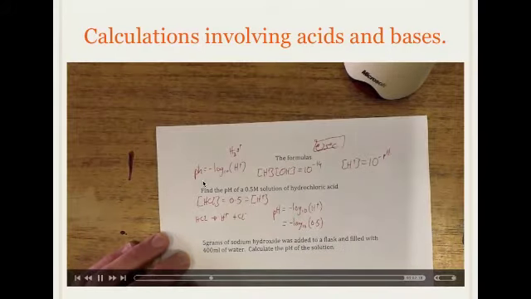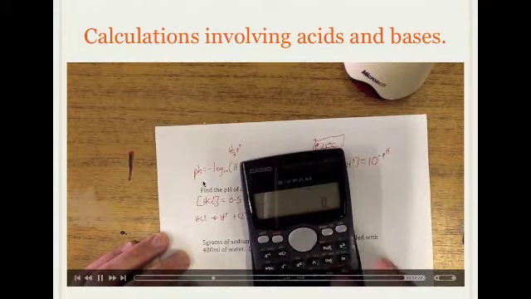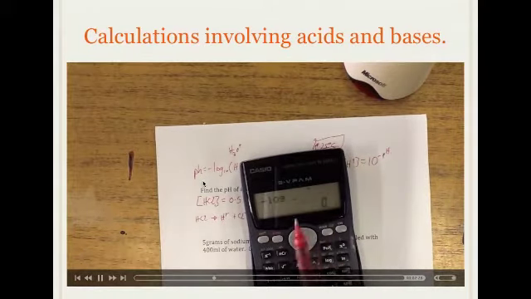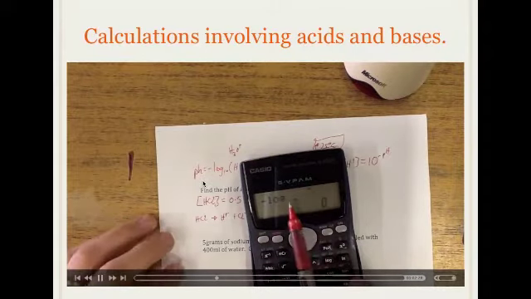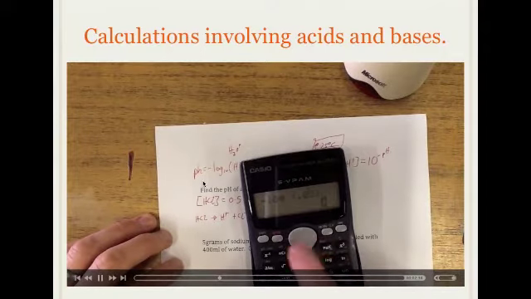Alright, I chuck that into my calculator. So where are we? Negative log. Now notice on the calculator it's just the log button, because this naturally says it's log to the base 10. And we put 0.5 in, not 0.05.